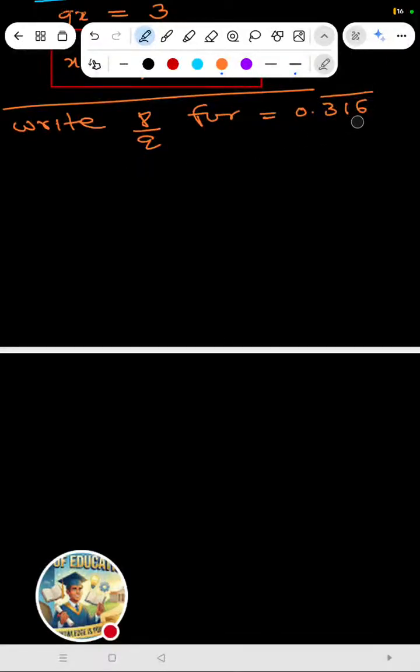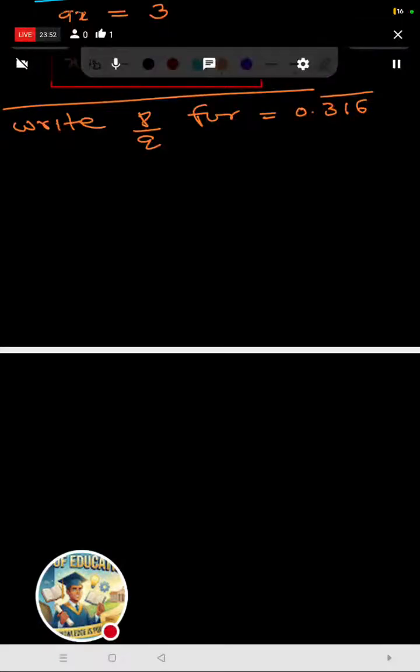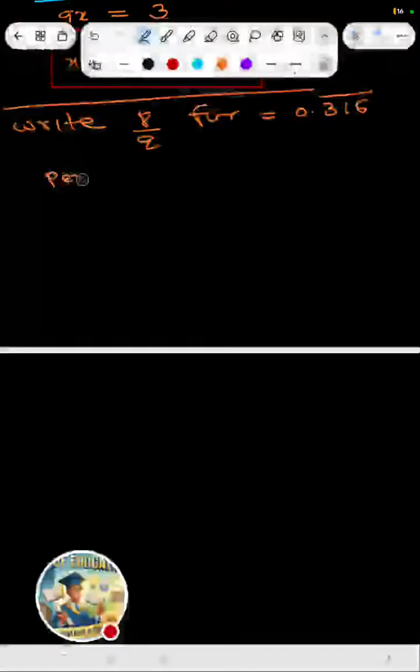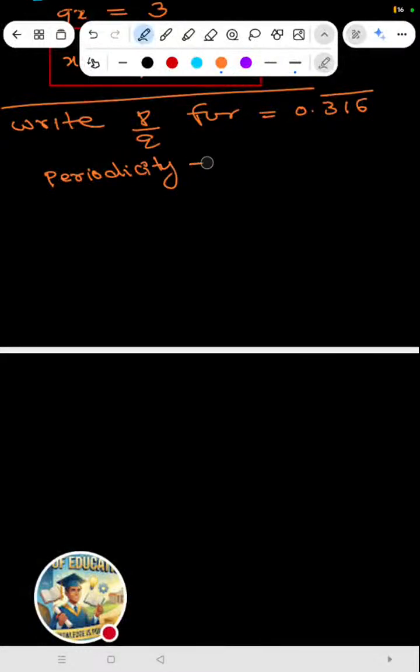This is a non-terminating repeating number. The bar is on 3 digits. The bar is on 3 digits means what will we do? What is the periodicity? The periodicity is 3.